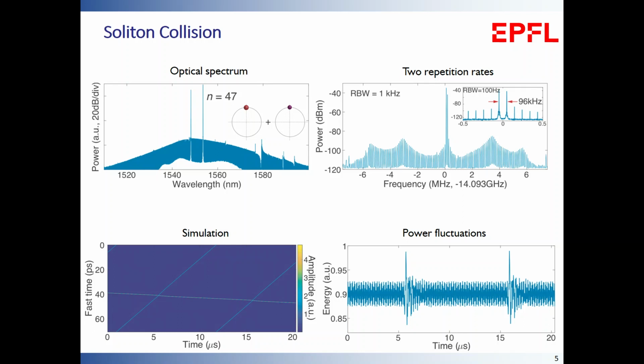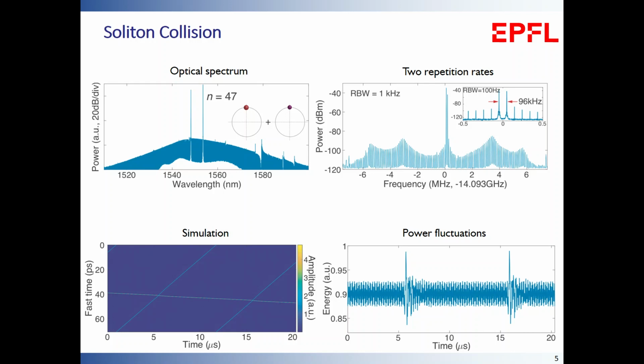So 47 corresponds to 2 or 3 nanometers, something like that. In this case, what we observed here, this is a repetition rate spectrum, and we see that there are two major repetition rates, which means that now these two combs have different repetition rates.